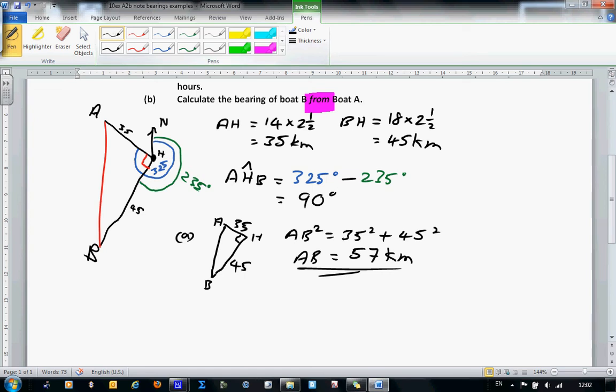So we're actually here on this boat, and there's our north line again. This is drawn a little bit tricky. I've got the impression here that that is north, but it's an example and it's a diagram. We can't assume that, so we've got to do some calculations.